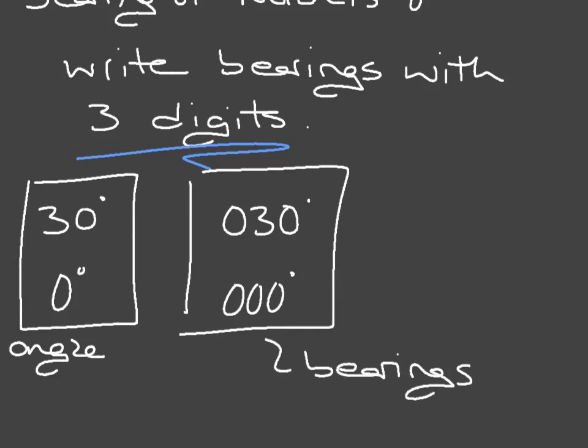Now let's look at another very important rule with bearings. Let's say I'm at point A, and from A we travel at a bearing of 40 degrees, let's say, to a point B. So remember, from A we measure from the north, which is upwards. 40 degrees, we measure 40 degrees clockwise from the north. So with our protractor, we would measure 40 degrees.